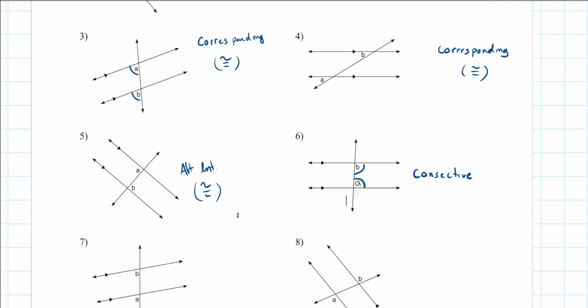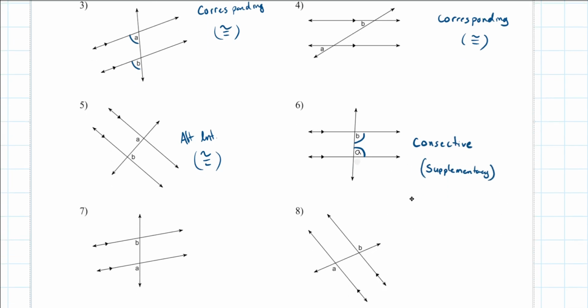And this is the only situation where they're supplementary. Every other situation, they're congruent. But consecutive angles are supplementary. So I need to be aware of that rule. Again, for the most part, if they look alike, they're going to be congruent. But we need to remember, consecutive is the only situation where they aren't congruent.